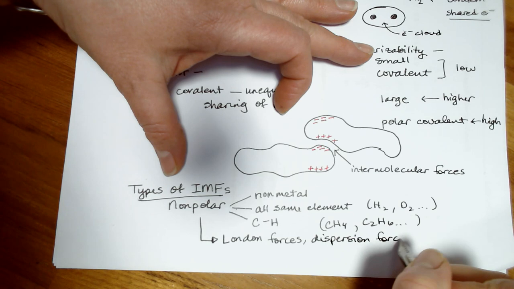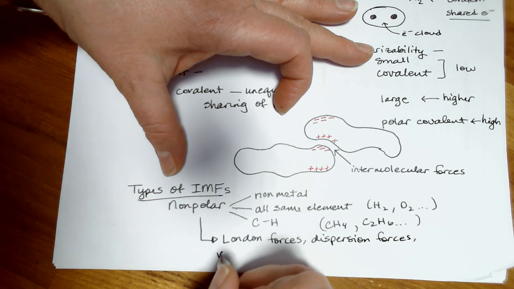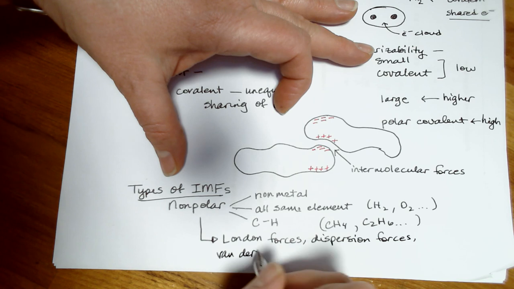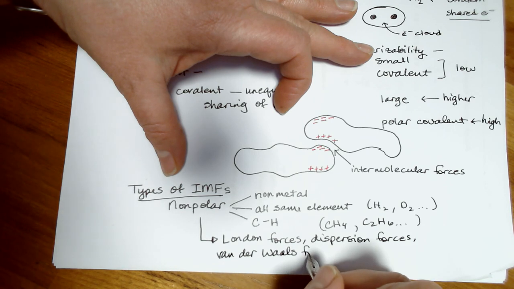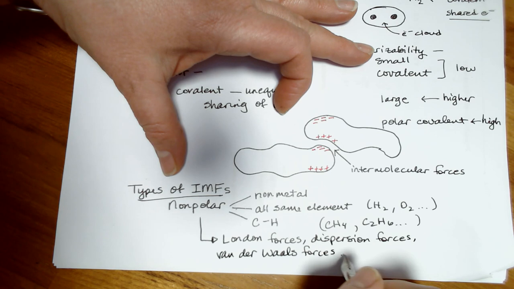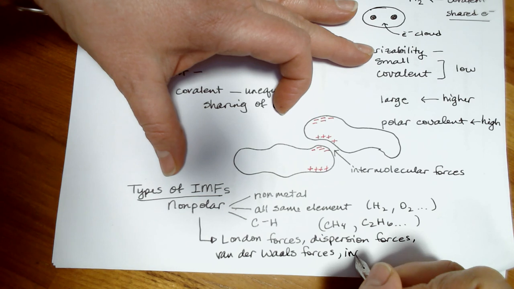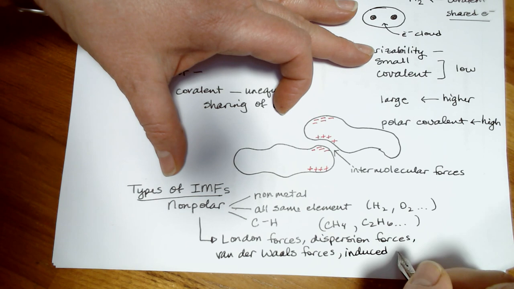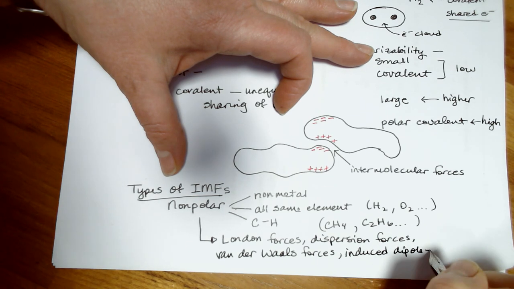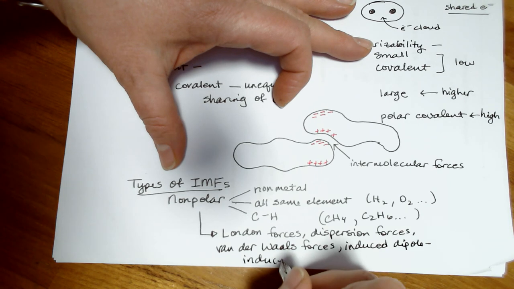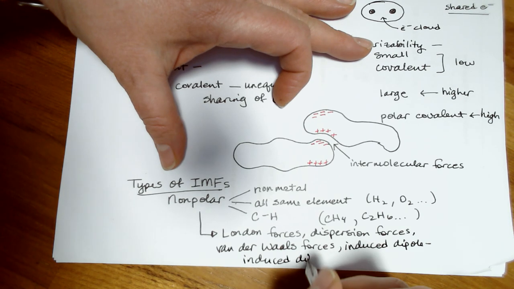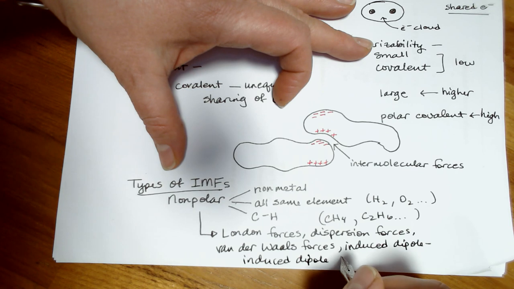They are also called van der Waals forces. So there's probably a few. Oh yes, I forgot that one. Induced dipole forces. And let me explain that name here in just a moment.